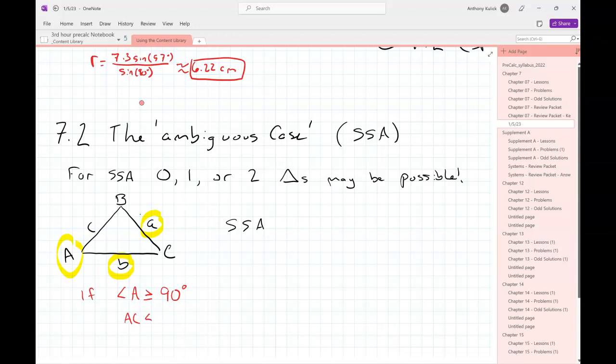AC could be smaller than BC, and then AC could be greater than or equal to BC.